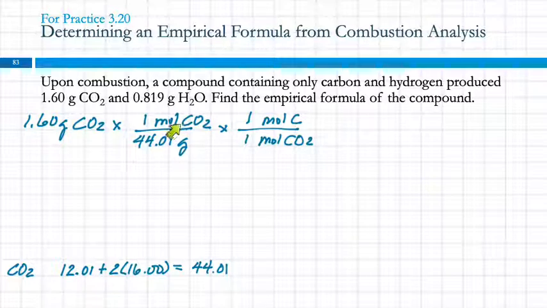CO2 has 1 carbon and 2 oxygens. 1 mole of it has 1 mole of carbon and 2 moles of oxygen. We don't care about the oxygen. We care about the carbon. Now, I could take my moles of carbon and calculate the grams of carbon, but then I'm going to take grams of carbon and convert it to moles of carbon, so maybe I could just stop here. Moles of carbon.